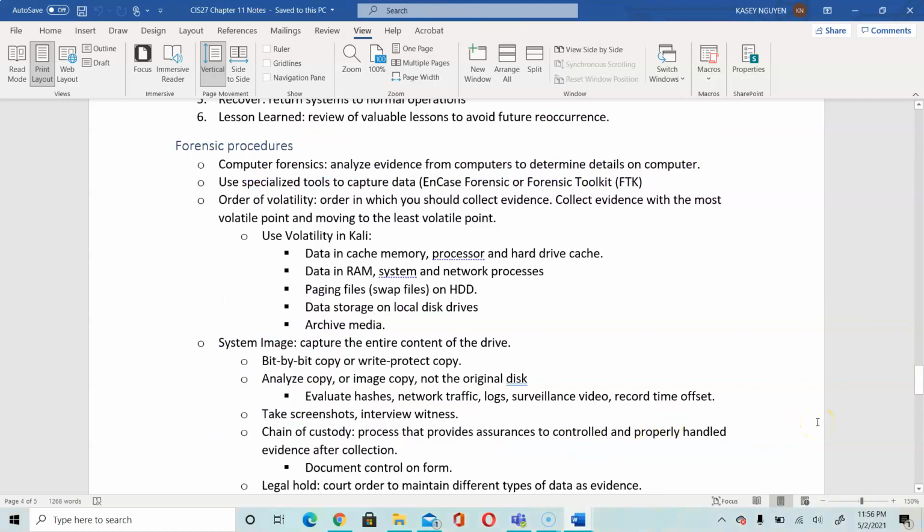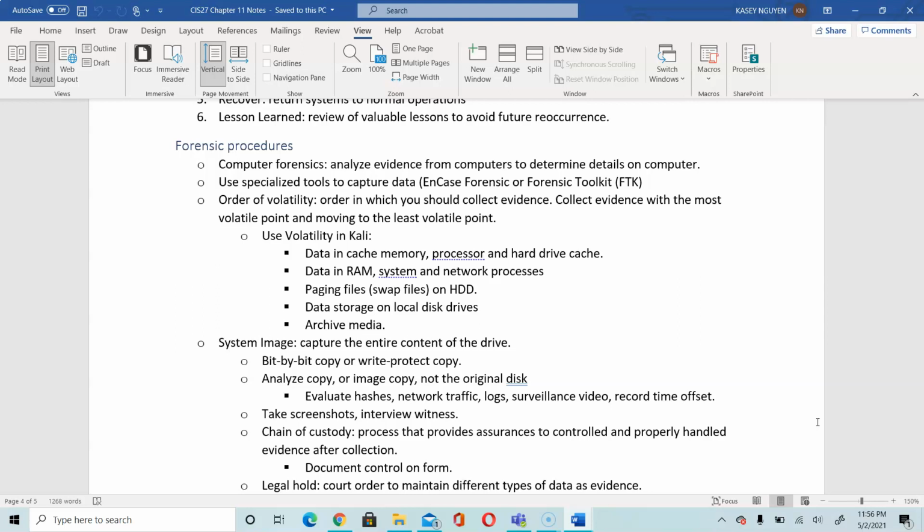So in data forensics, we would capture information on RAM, on processor cache, on hard drive, and in most cases, we would capture the system image, which is the entire content of the drive, including the applications that are installed on the drive and the state of that system.